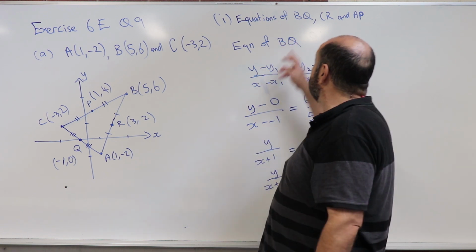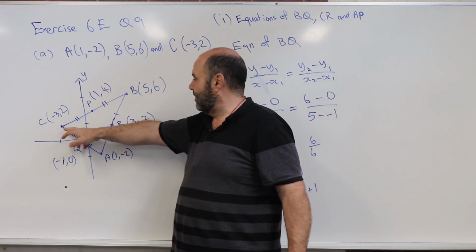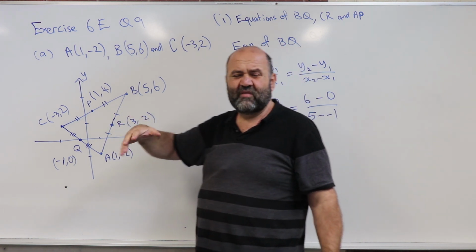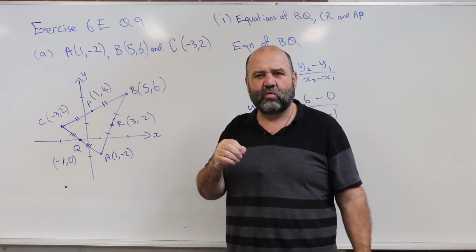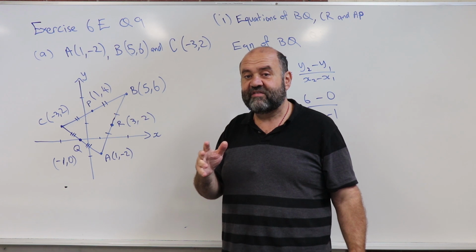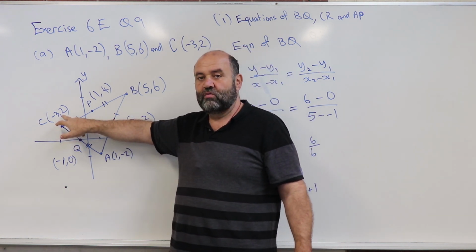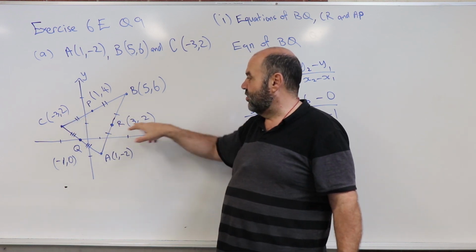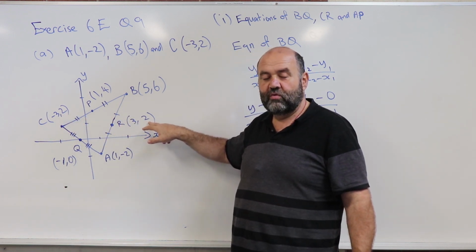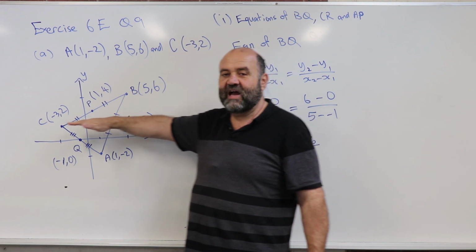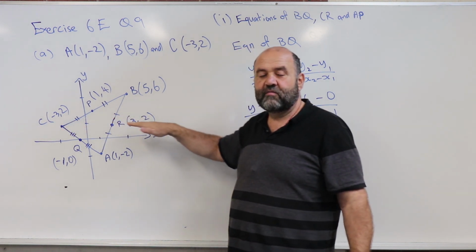Now I want to find the equation of CR. Okay, well if you have a look, let's pay close attention to the coordinates. Actually look at the numbers. C has got a y value of 2 and R has got a y value of 2. So CR is a horizontal line.